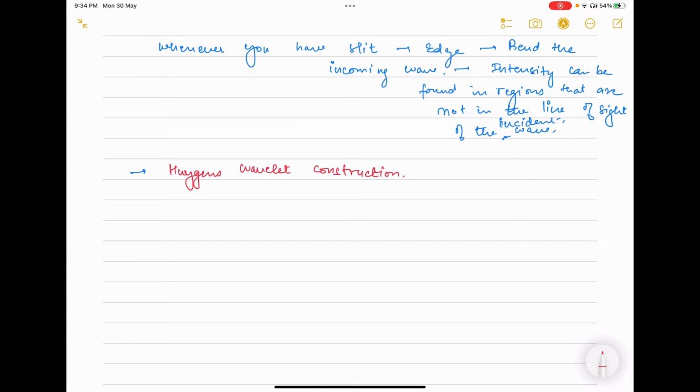Here each point in the unobstructed wavefront is considered as a source of wavelets, and these wavelets propagate to the screen and form interference patterns. Now, we see why.